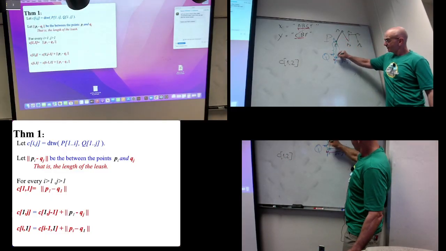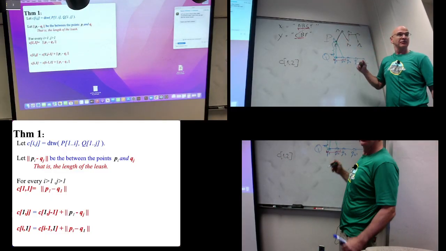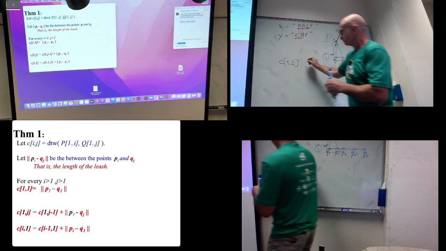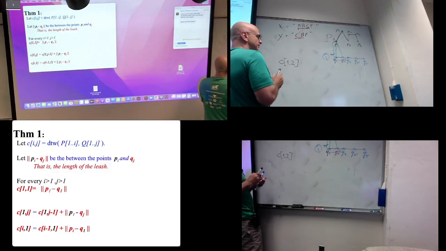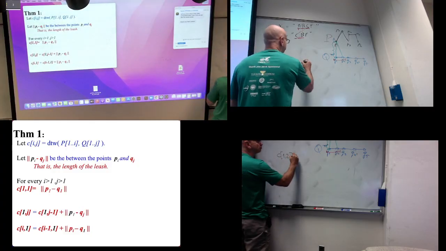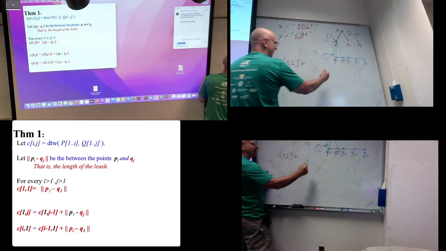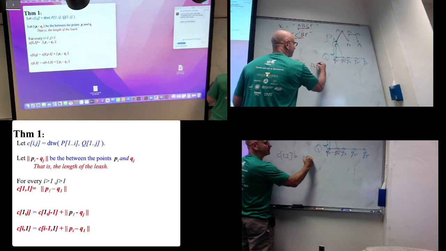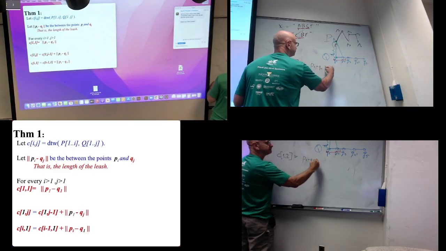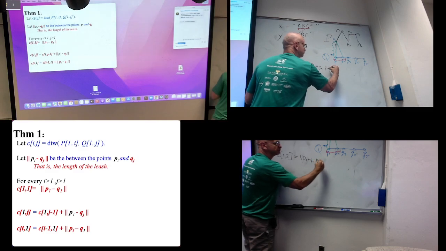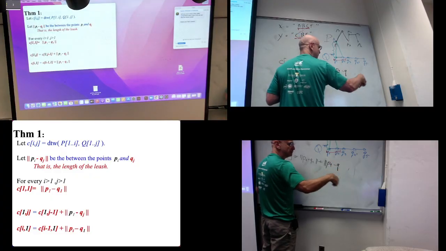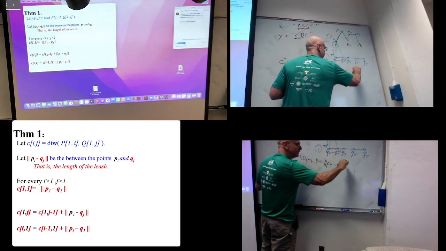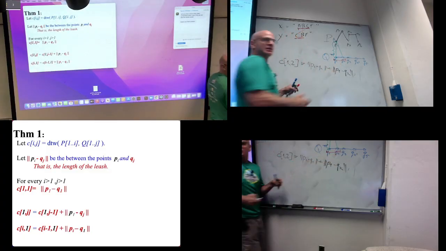It's the length of this leash plus the length of this leash. So C12 is the distance between P1 and Q1 plus the distance between P1, again the person only, and Q2, the length of these two leashes.